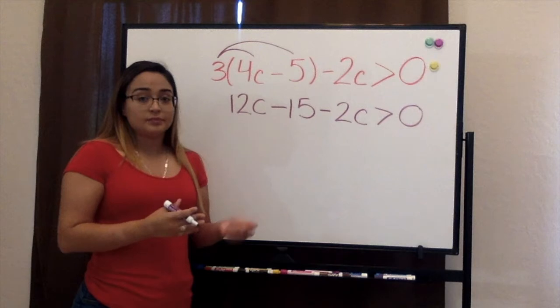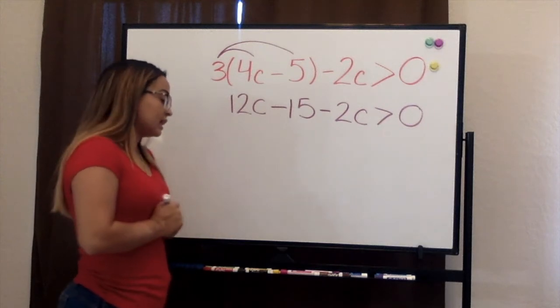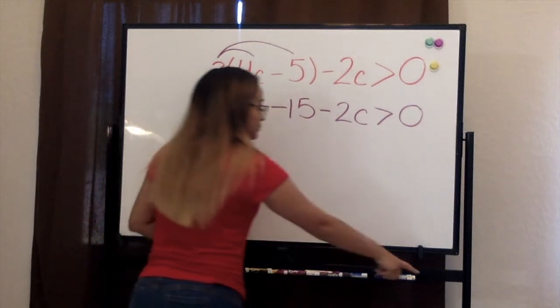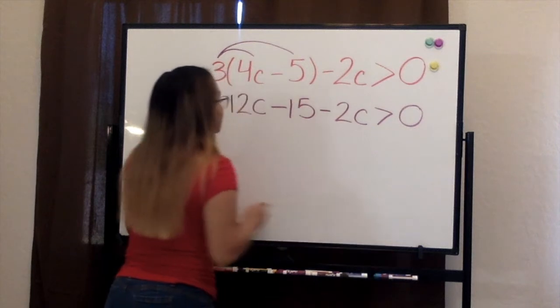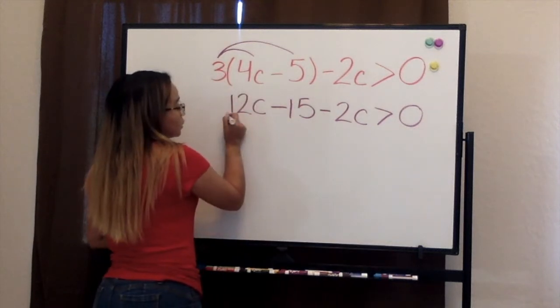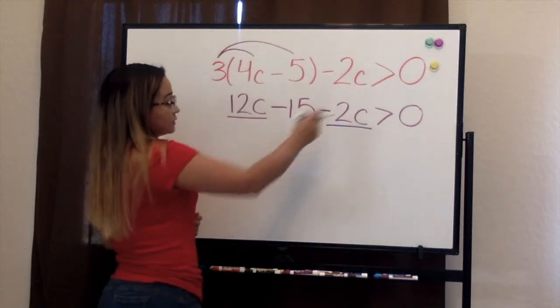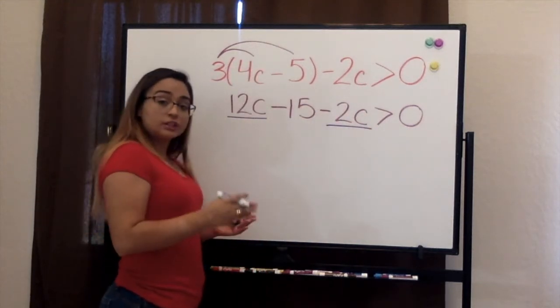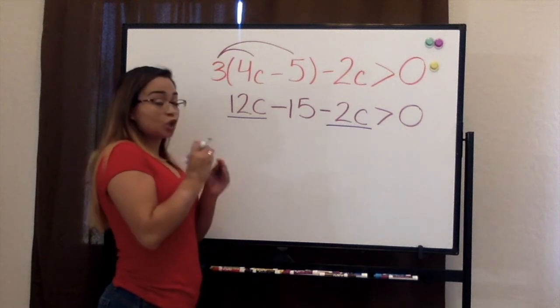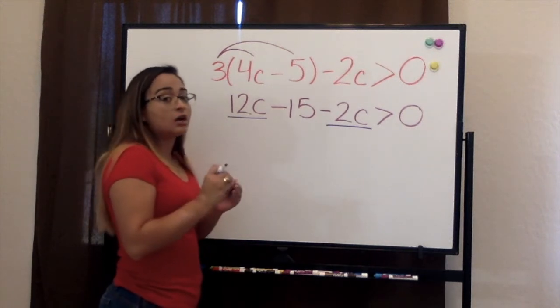Next thing, we're going to be combining like terms. Here we have 12c and negative 2c. So what we're going to be doing is combining those two terms because they are similar.